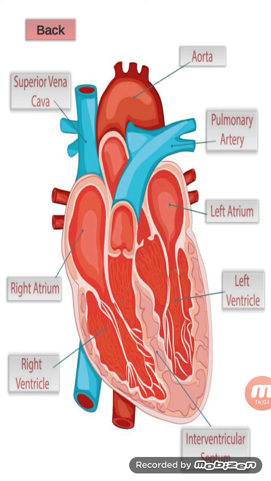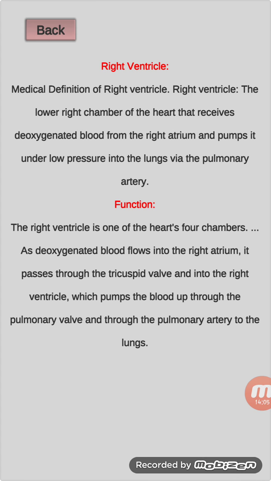This is right ventricle, the lower right chamber of the heart that receives deoxygenated blood from the right atrium and pumps it under lower pressure into the lungs via pulmonary artery.